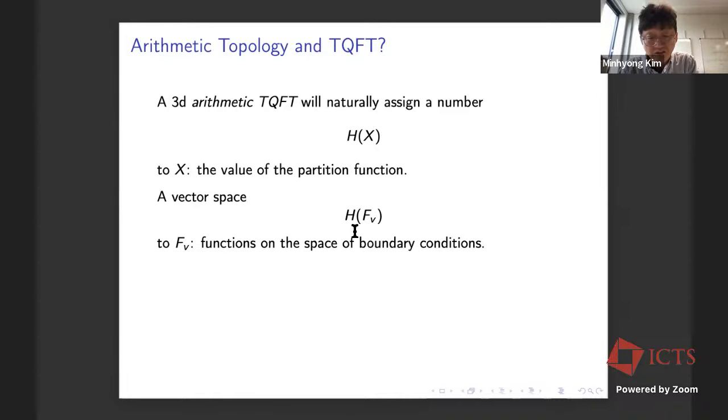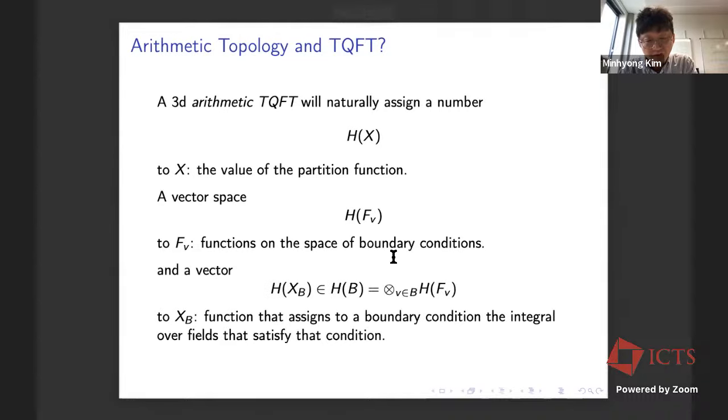So you're supposed to get the space of functions, imagine the space of functions and the boundary conditions of the field as being associated to the boundary of a three-manifold via this theory. But then the manifold with boundary itself also gives you a vector in this theory.